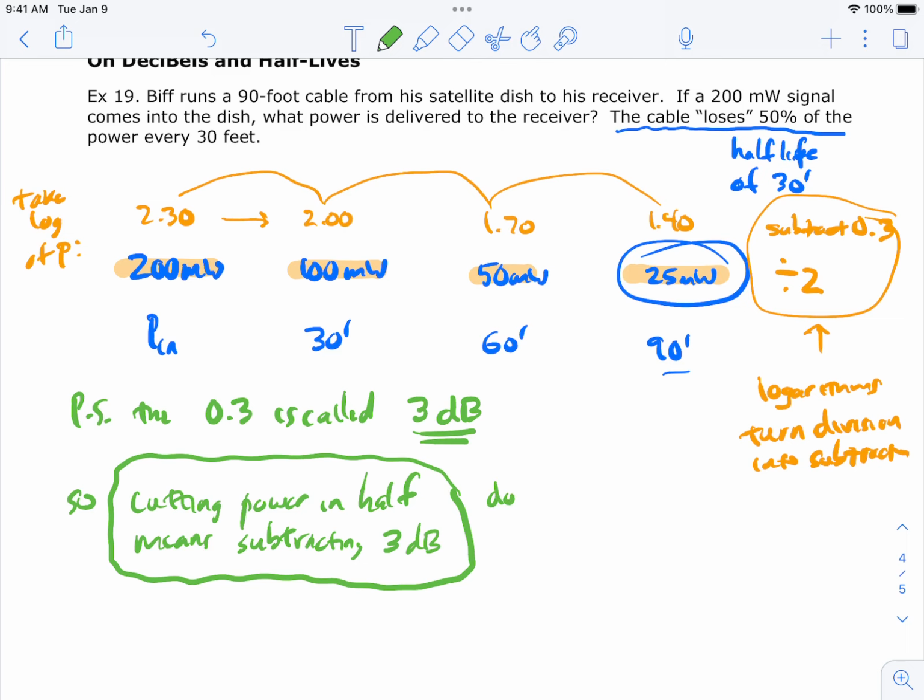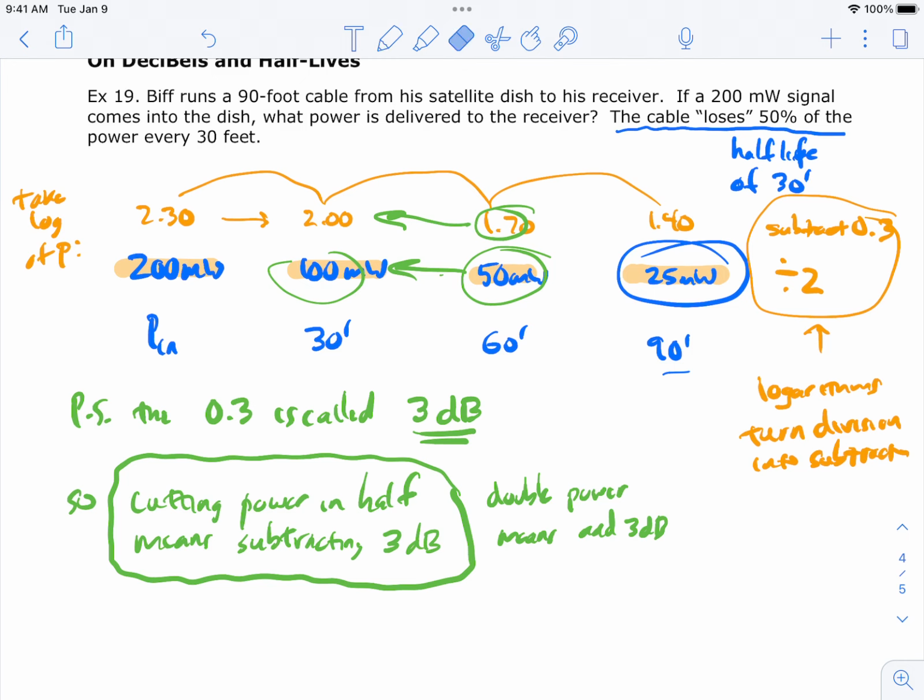I suppose you could say it the other way. If you double the power, it means you add 3 decibels. Right? Because if you double the power from 50 to 100, then you're going to add 3 decibels. So to go down is to subtract 3 decibels. To go up is to double, is to add 3 decibels.